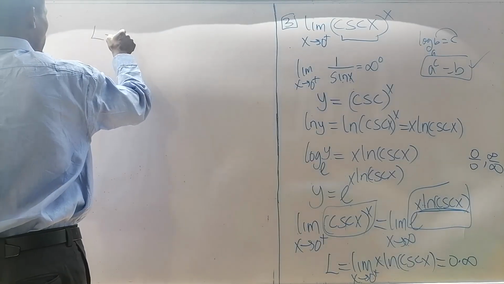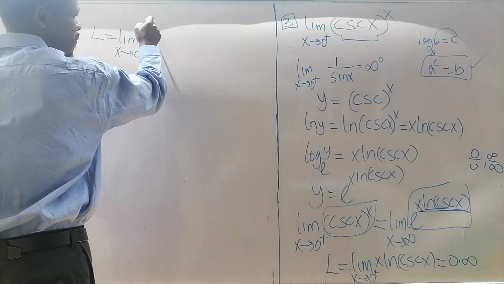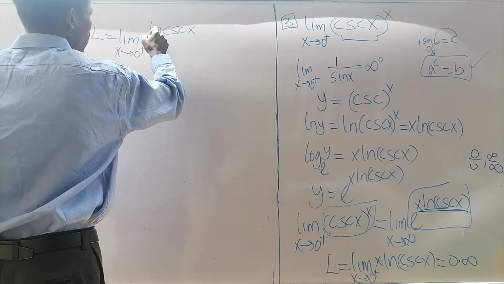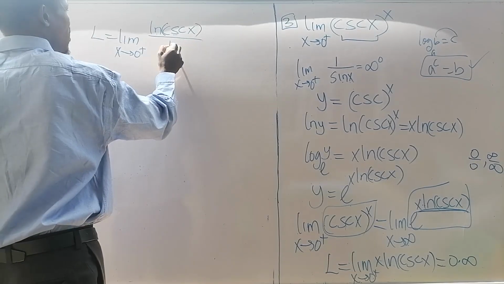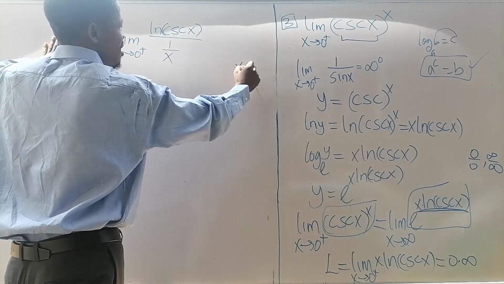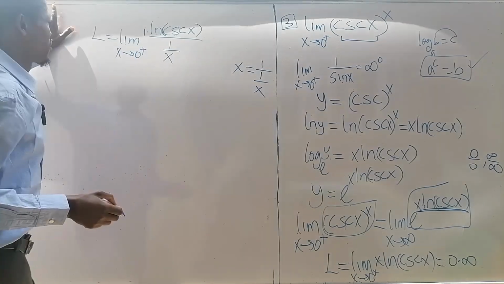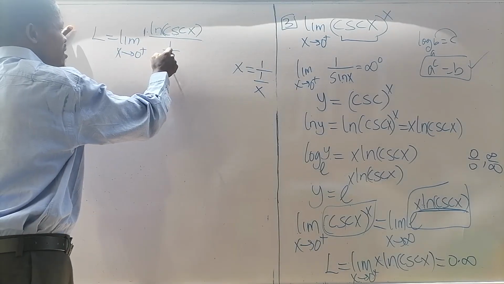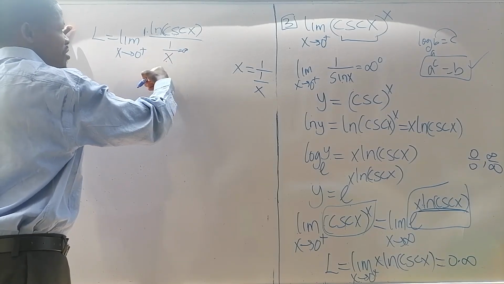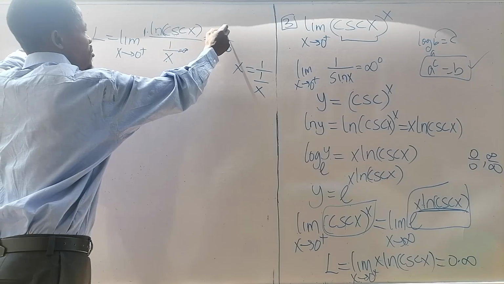So L is equal to the limit as x tends to 0 positive of ln of cosec x all over 1 over x. Don't forget that x is the same thing as 1 over 1 over x. If you substitute now 1 over 0, that will give you infinity. This one also, if you substitute, is going to give you infinity.